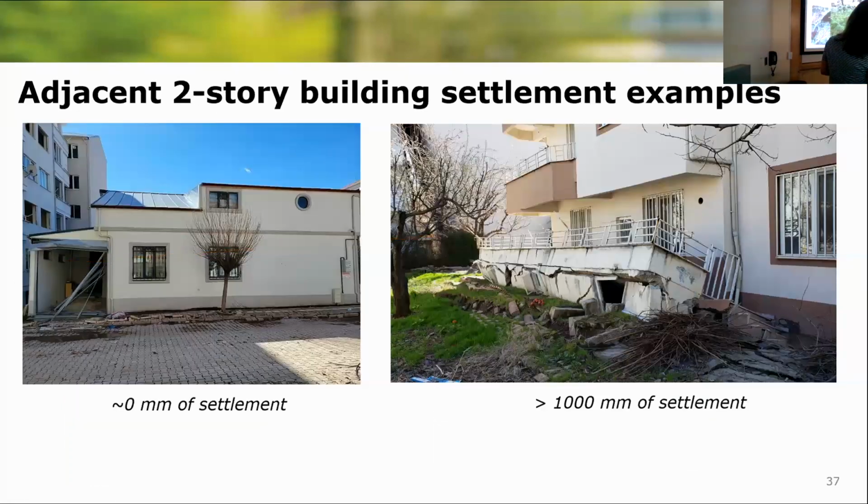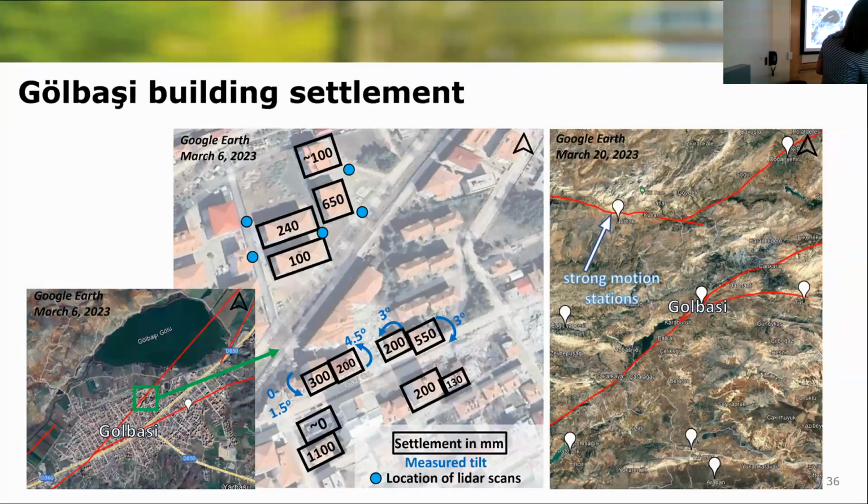I'm going to have to jump around for a second here just so I can situate ourselves. Next, I want to look at these 2 apartment buildings. This one here to the south performed very well, 10 centimeters or 100 millimeters of settlement. Actually, we think it's between 0 and 100 millimeters average settlement, depending on how we interpret things. And this building to the north had significant settlement, 240 millimeters.